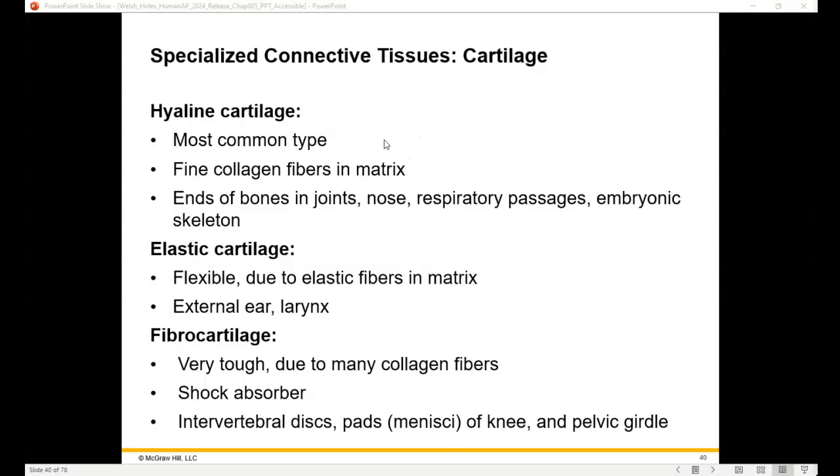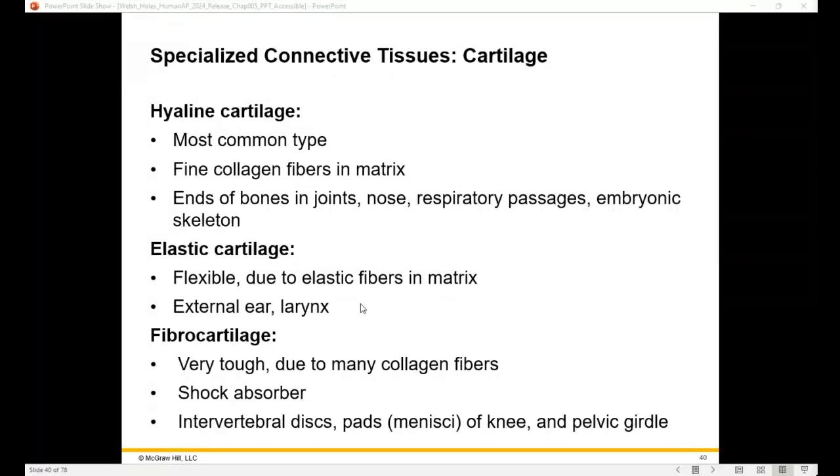Hyaline cartilage is the most common type. It has very fine collagen fibers in the matrix. We find hyaline cartilage at the ends of your bones, in the joints, in your nose, your respiratory passages, and the embryonic skeleton is hyaline cartilage. Elastic cartilage.